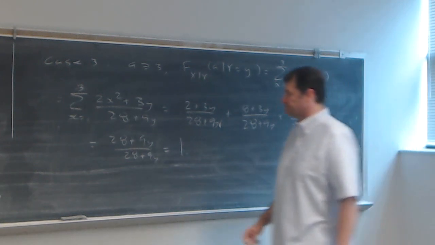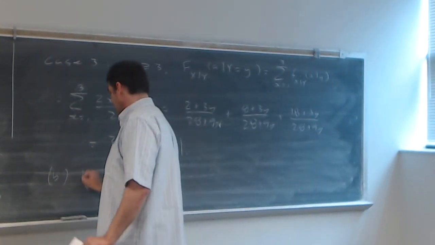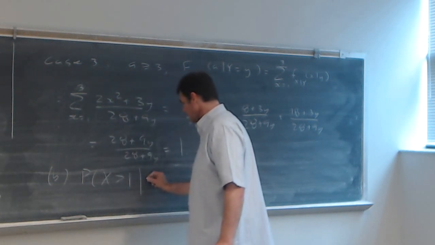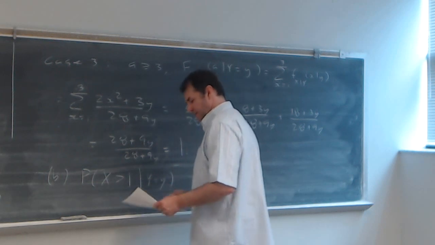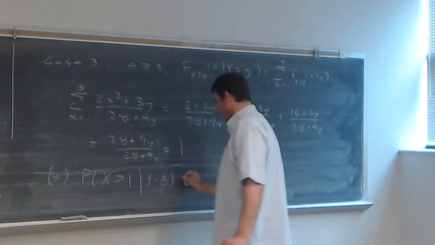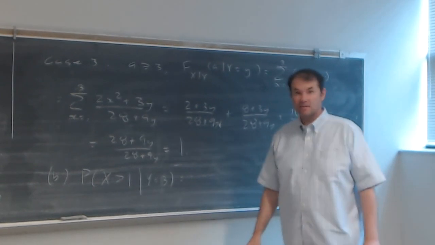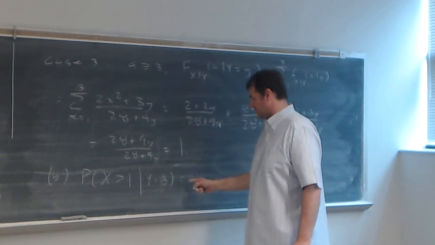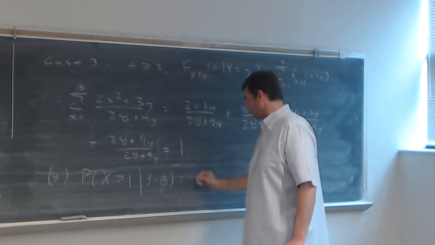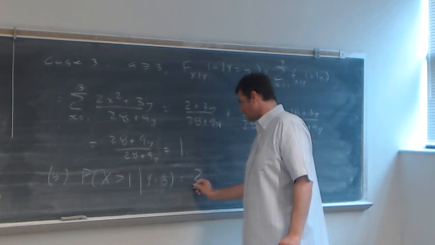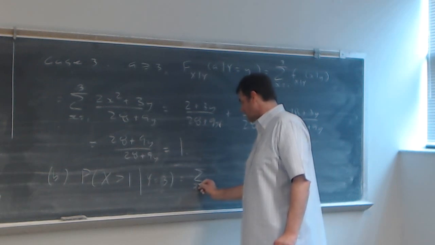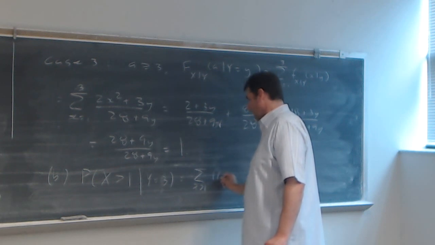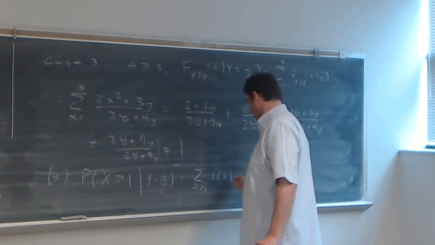Now, for part B, we wanted to calculate the probability x is greater than 1, given y is equal to, well, y was equal to 3. And what that was defined to be, our definition on this side of the board here, before we did the conditional CDF, is the sum over all x values bigger than 1 of f of x given y.